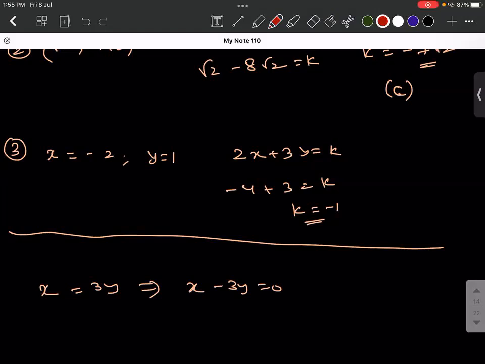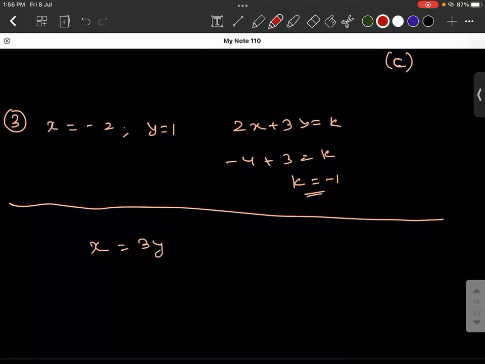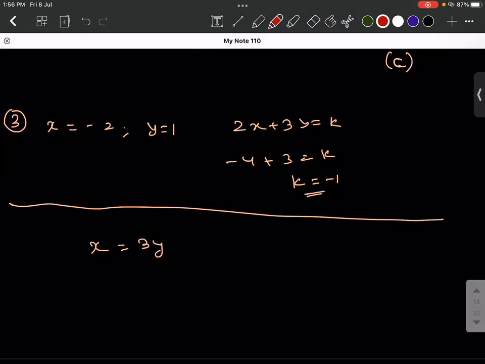But why? What they're trying to say is, generally in this kind of problem, they should actually give what is x and y. So the cost of a bat is 3 times the cost of a ball. So x minus 3y should be equal to 0, but there is no such option.